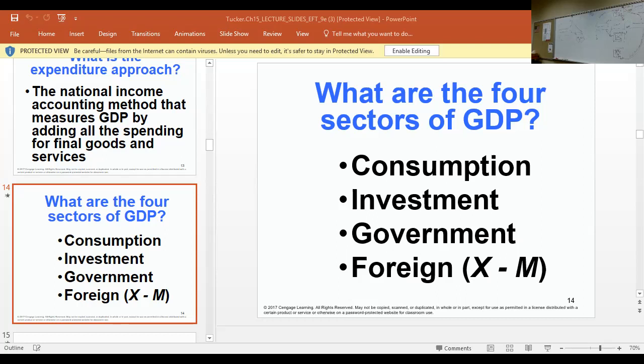Think about the household. Think about how many things are produced within each one of our households. Y'all like to eat?